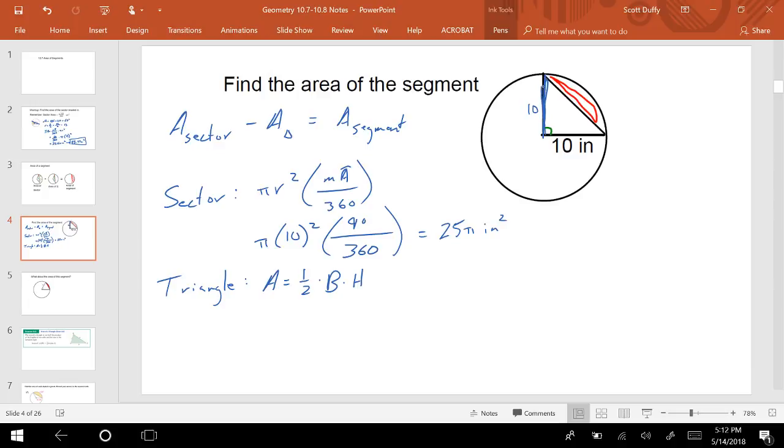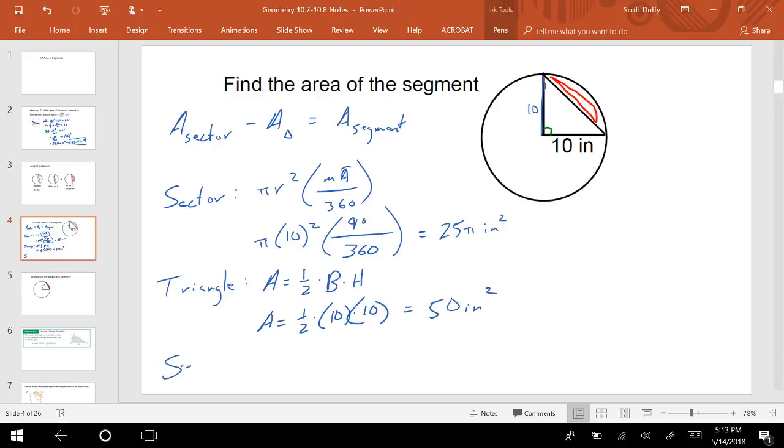Any radius drawn in is going to be 10, no matter where I drew it. If I drew this segment, that would also be 10, and so forth. So the area is equal to 1/2 times 10 times 10, which equals 50 square inches.